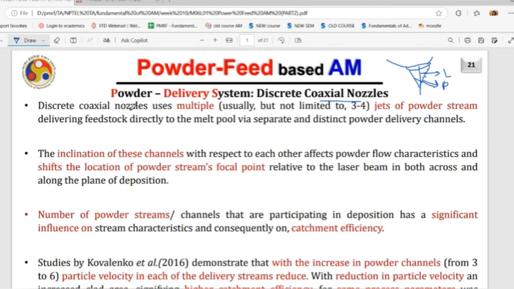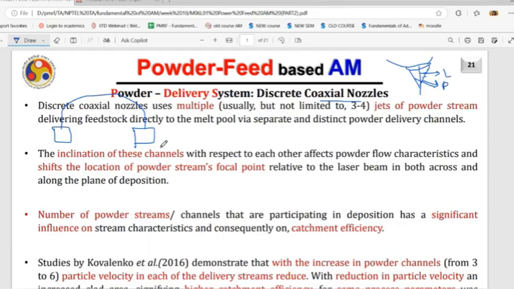One thing to notice importantly is that in the powder delivery system, the powder is coming along with a carrier gas. As it's coming through pipes from another system, the powder delivery system, to the deposition zone, it has to be carried along this whole path.